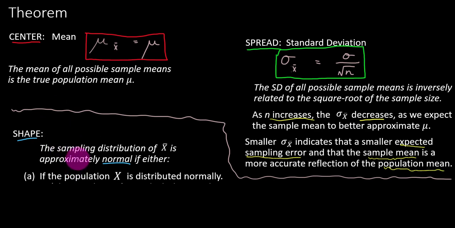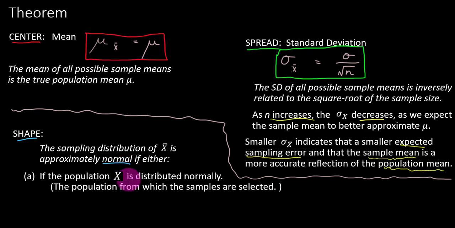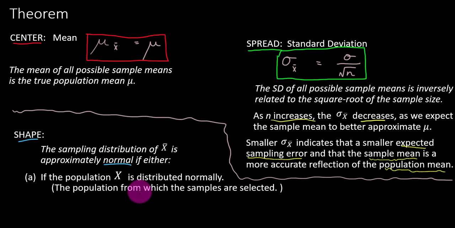A, if the population from which you are collecting these theoretical samples is normal. I hope that makes sense. If the baseline population X is normal, we'd expect samples from that population to be normal, and thereby all sample means to follow a normal distribution.